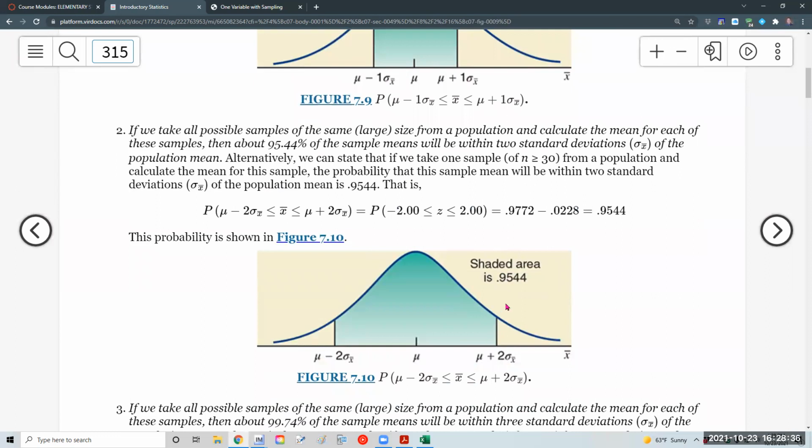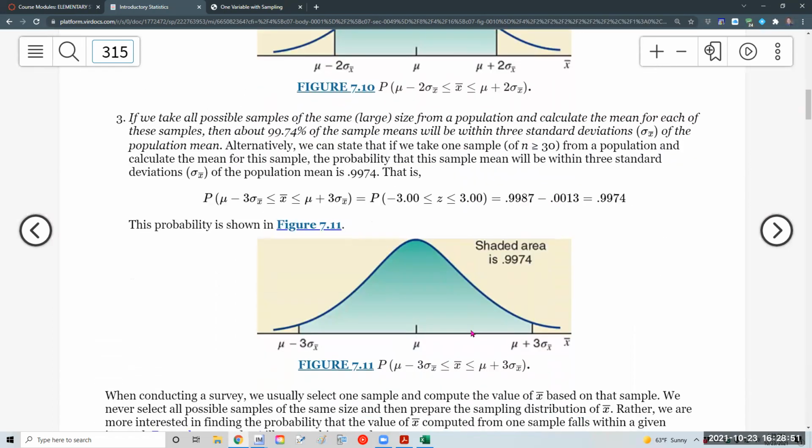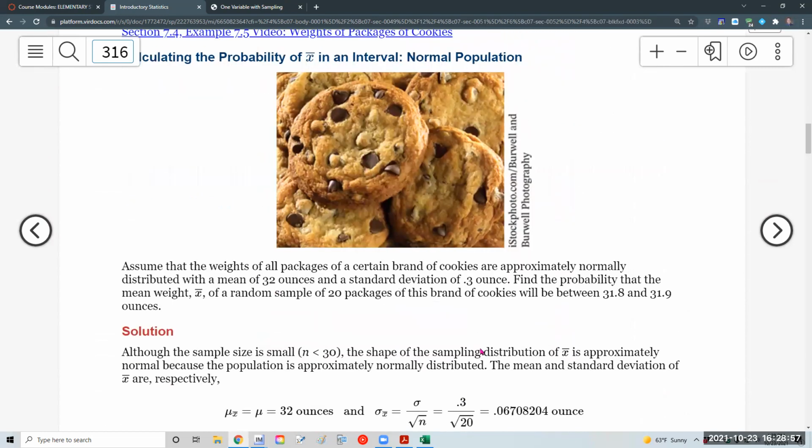Also, about 95% of all sample means will be within 2 standard deviations of the actual population mean. And 99.7%, or nearly all of your sample means, will be within 3 standard deviation lengths, or between these 3 boundaries here.